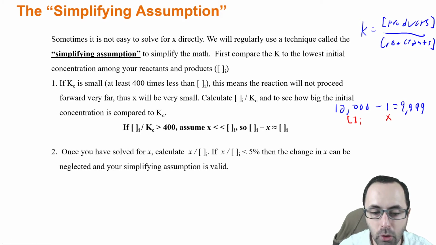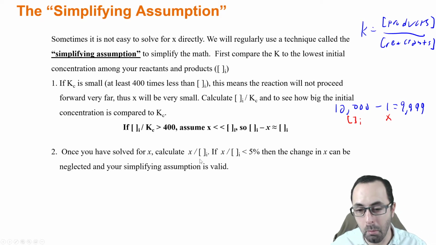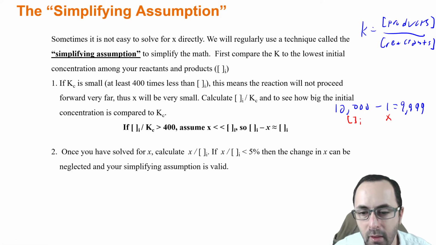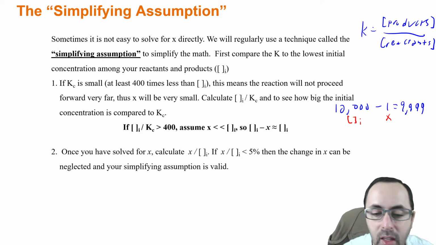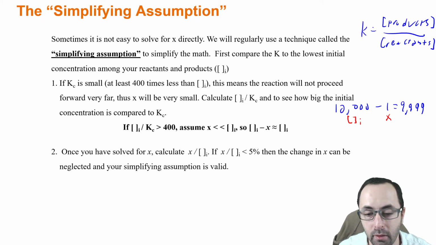So after we're all done and we've solved for x using the simplifying assumption, then we're going to divide x over the initial concentration. And what we want is for x to be no greater than 5% of the initial concentration. We're accepting a maximum of 5% error in this calculation. If x over the initial concentration is greater than 5%, then we're going to go back and use the quadratic formula to solve for x instead.